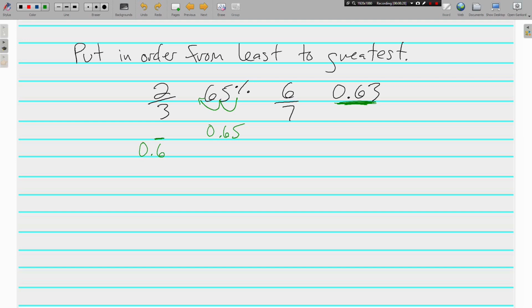And if I put 6 divided by 7 in my calculator, I get 0.857142. Okay, that's enough. That's a 5 there.